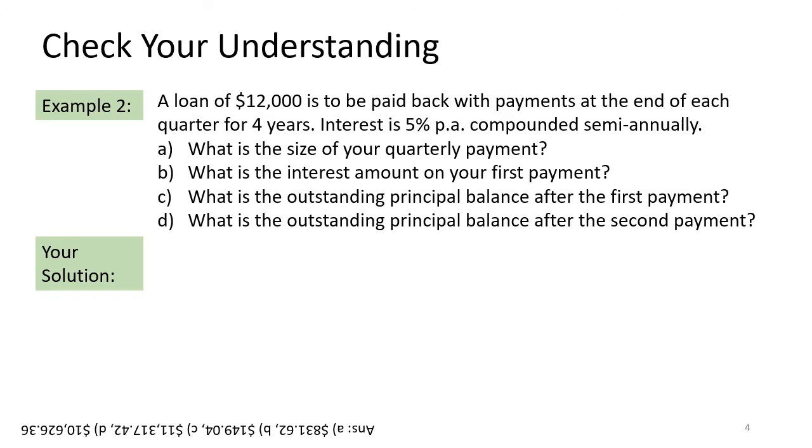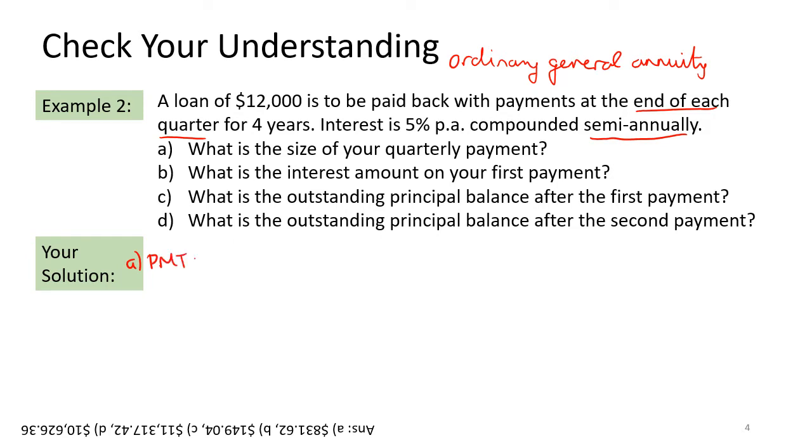First thing I'd like you to notice, payments are at the end of each quarter, and they're made quarterly while interest is compounded semi-annually. So those are not the same. So that makes it an ordinary general annuity. Okay, so part A, we're looking for our payment.